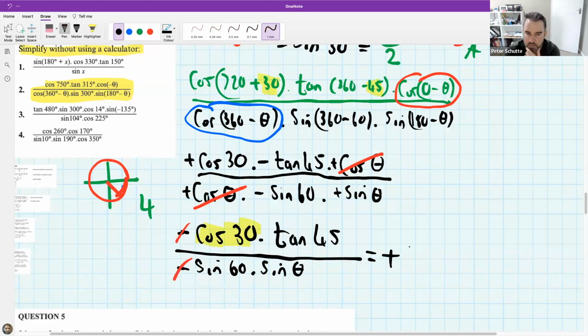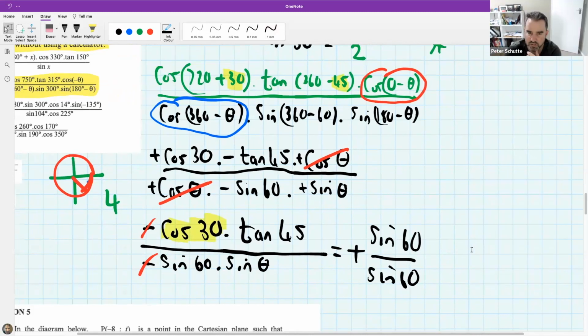But I'm going to say the cos of 30 can be written as the cos of 90 minus 60, if I want. And if I write it as 90 minus 60, then I can actually convert that to the sine of 60. And it's positive sine of 60. And then on the bottom here, you have a sine of 60.